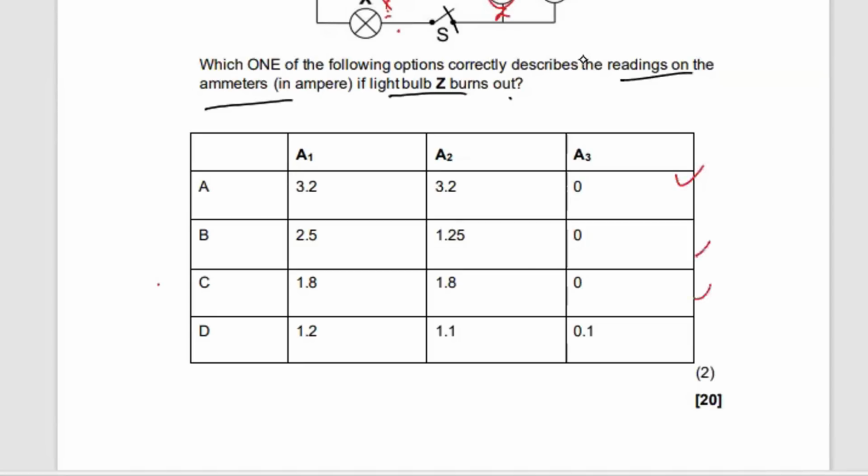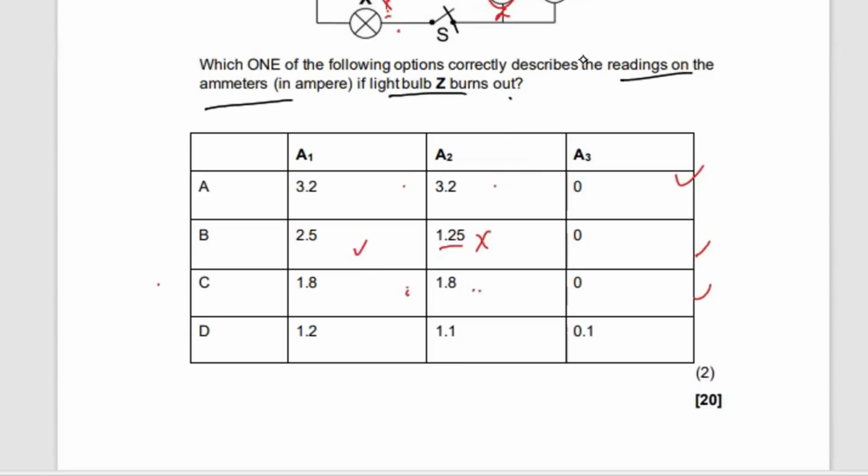So 0 current, we have those 3 options. Do we have a 2.5 for A1? It's there. But then it's 1.25 here, which is wrong. 3.2, 3.2, 1.8, 1.8. What's happening?